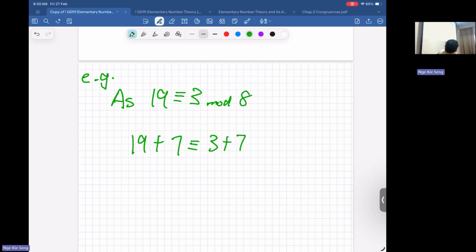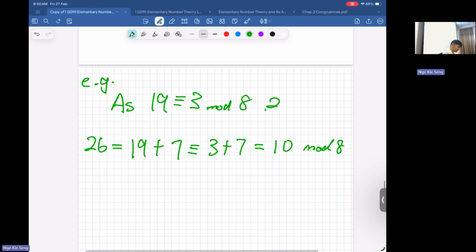Is it true? So we need to compute what these two numbers are. One of them is 10, the other is 26. I write equal here because I'm really calculating the addition. But we want to decide whether 26 and 10 are congruent modulo 8 or not.